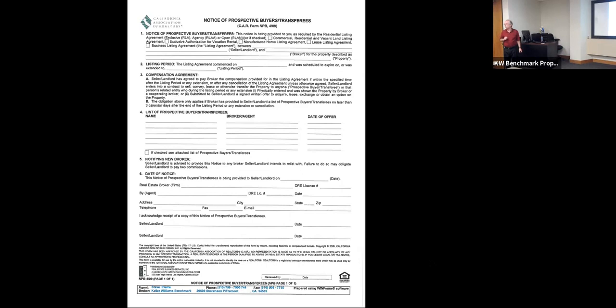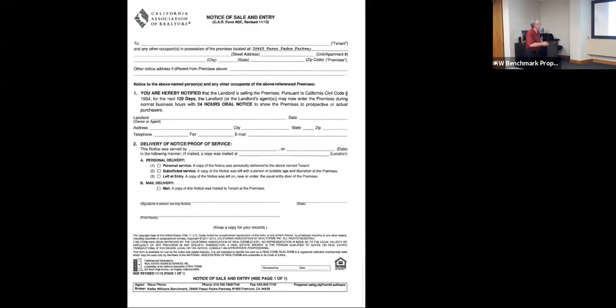That buyer. And our agent didn't get paid, and would have had that form been submitted to the seller. Now, it used to be this form had to be provided to the seller within so many days after the expiration or cancellation. Now it has to be provided at the time of the cancellation or expiration.